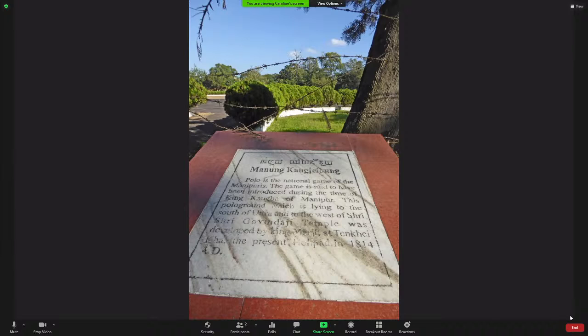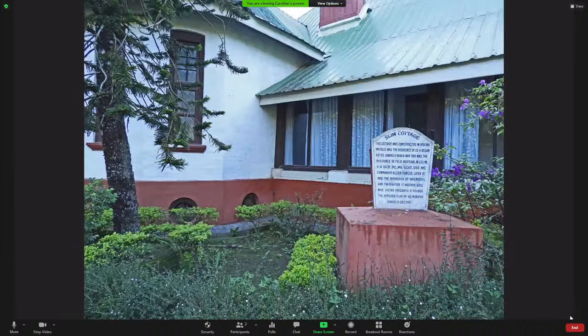Imphal played a particularly important role in the Second World War. And during that time, Kangla Fort area was a military base, and General Slim, who was very important in that area, was based here.